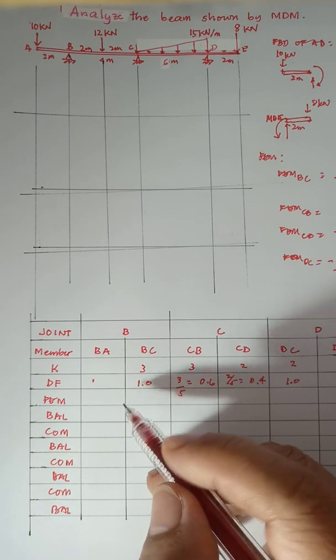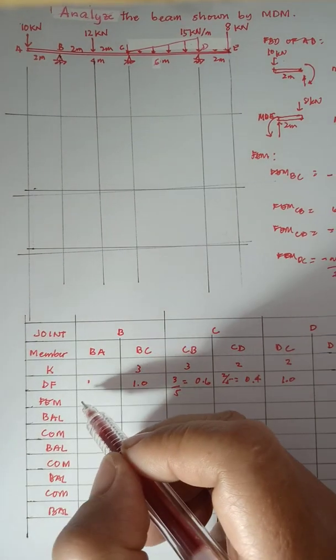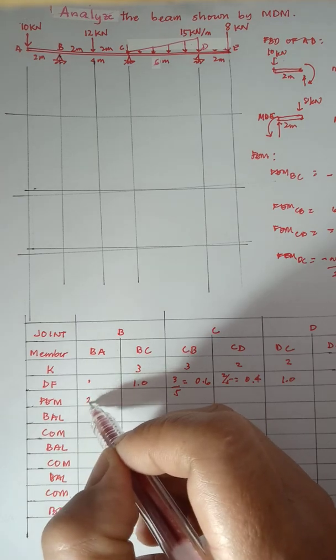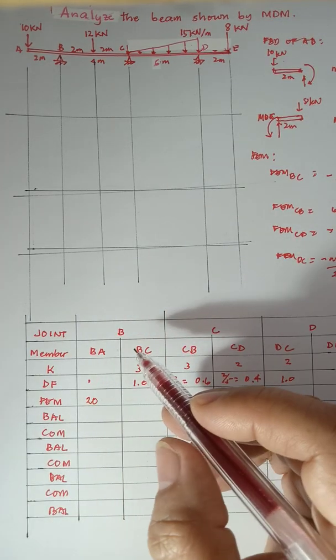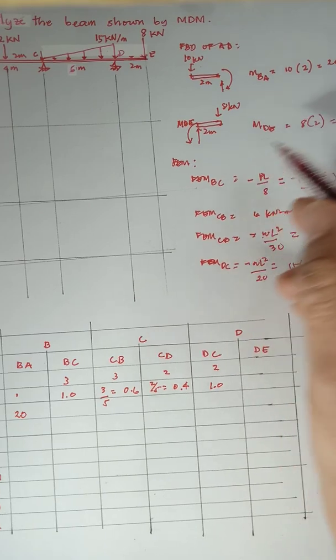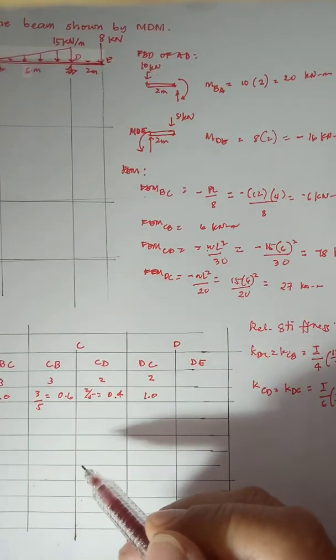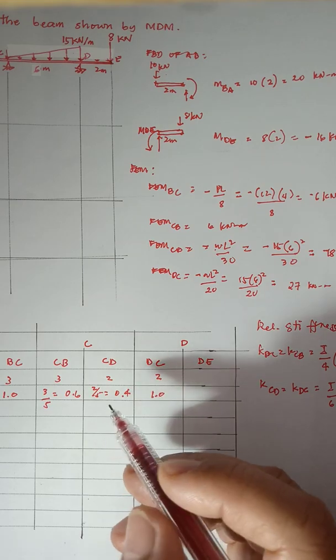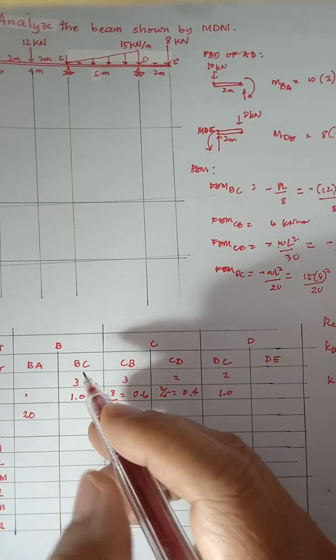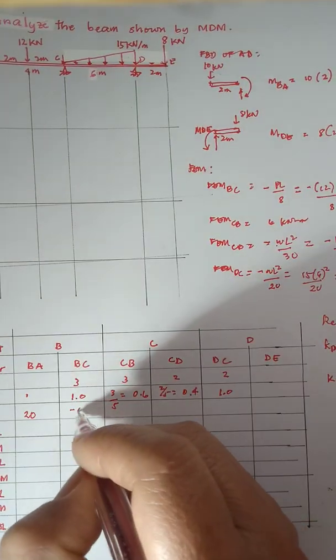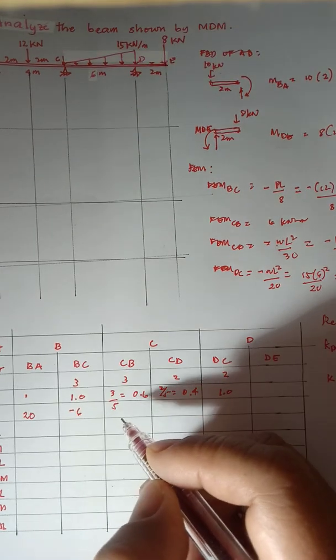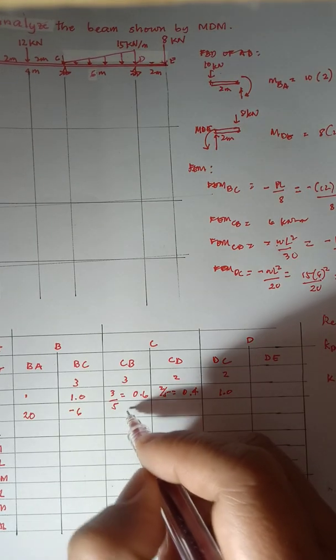Okay, so fixed end moments. For BA, we have a moment of positive 20. And then for BC, the fixed end moment we solved earlier, you have BC minus 6. Then for CB equal to 6.